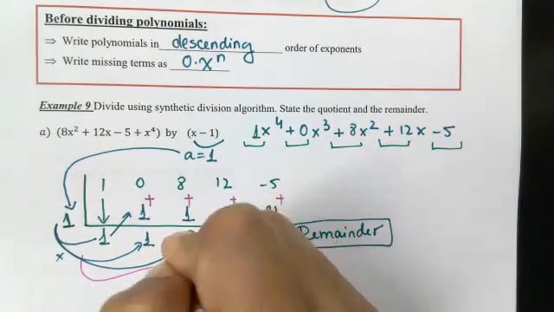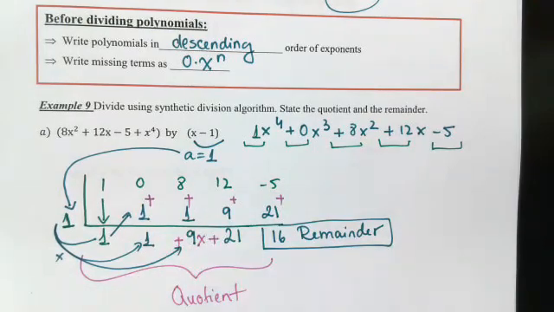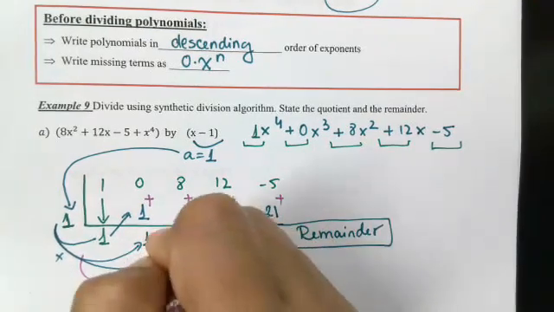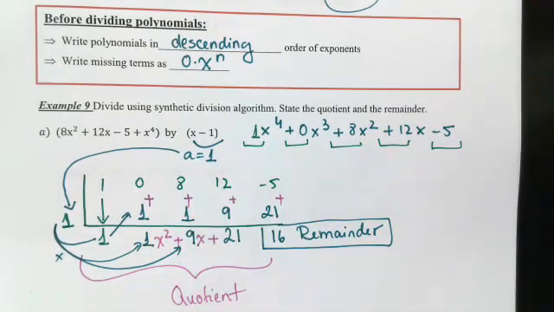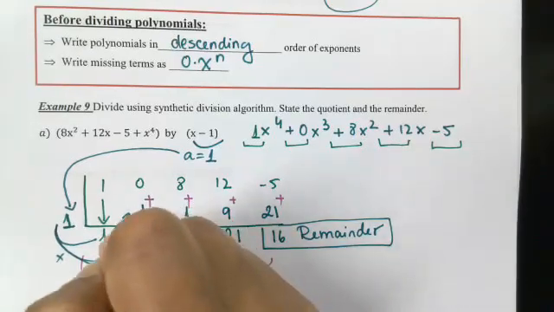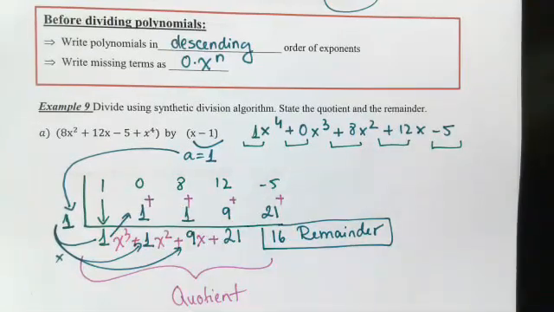So x, positive, because 9 was positive 9, and then x squared. And then positive x cubed. So what's my quotient? X cubed plus x squared plus 9x plus 21. And the remainder is 16.